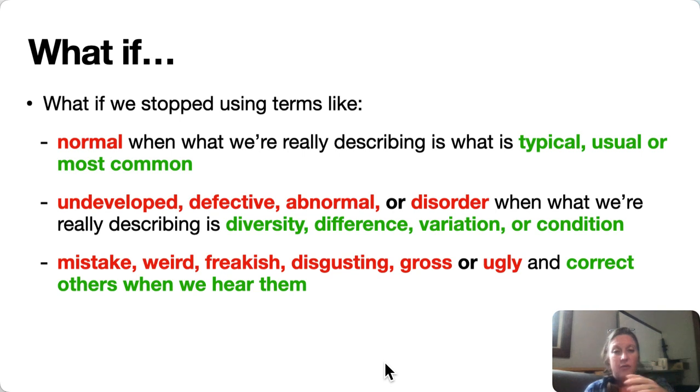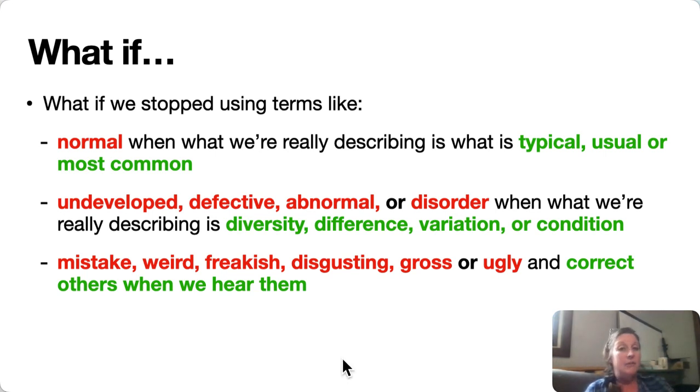And what if we stopped using terms like normal when what we're really describing is what is typical or usual or most common? What if we stopped saying undeveloped, defective, abnormal, or disorder when we're describing things that are really examples of diversity, difference, variation, or just conditions, categories of development?